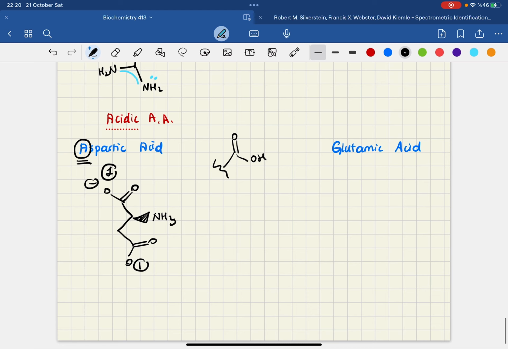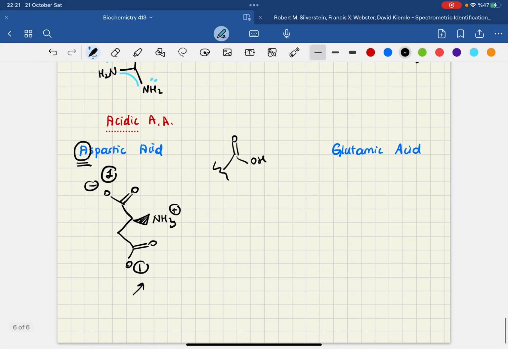Then I am writing the positive charge here, and we have the negative charge here, we have the negative charge here, as it has fulfilled its acidic task. Alright, now let's continue with glutamic acid.